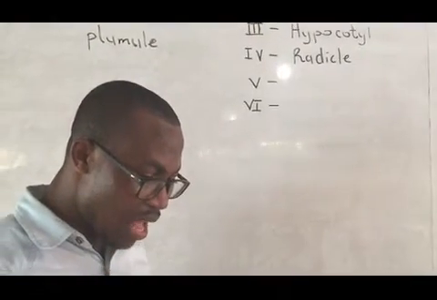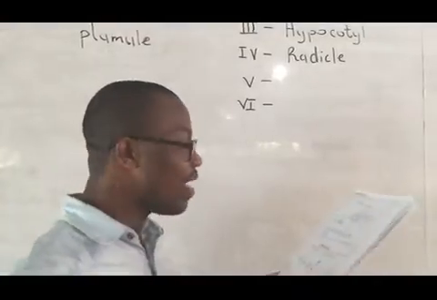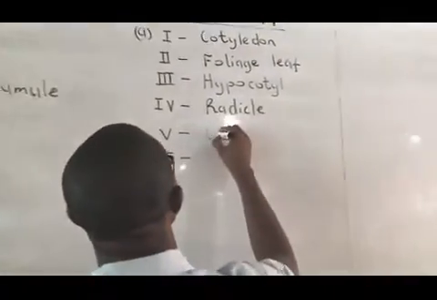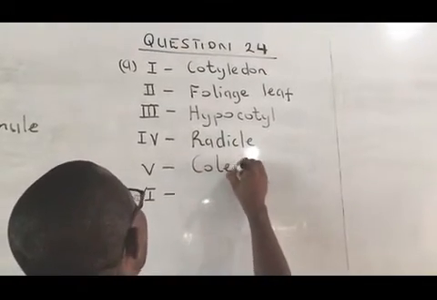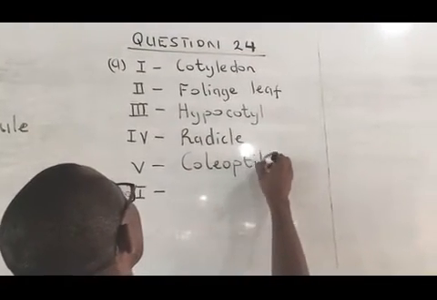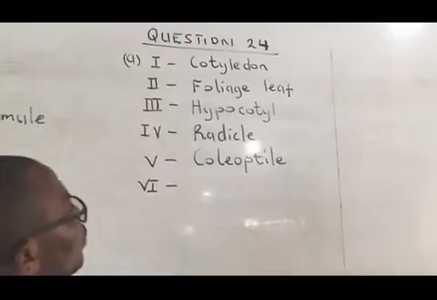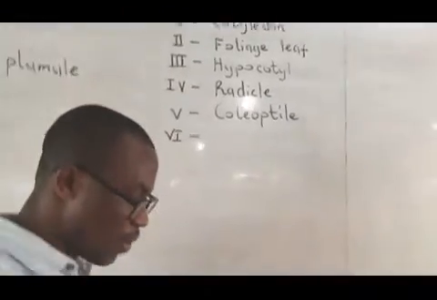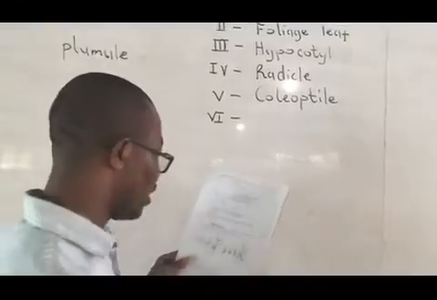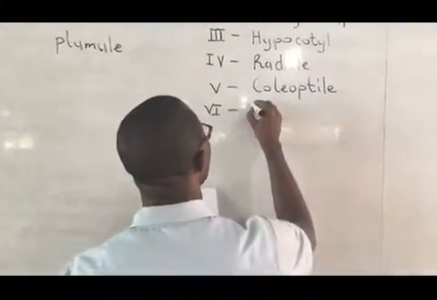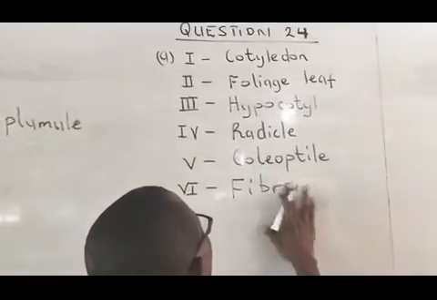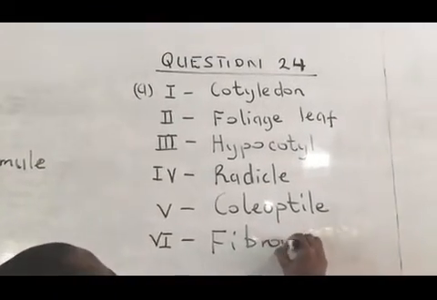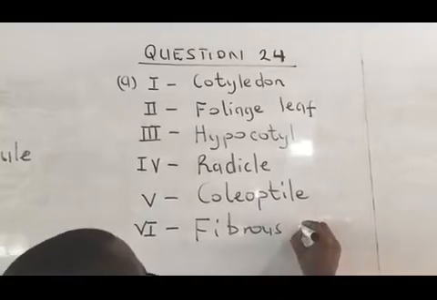And then the V is what we call colluctal. And then the last portion, VI, that's a fibrous root system. Fibrous root.